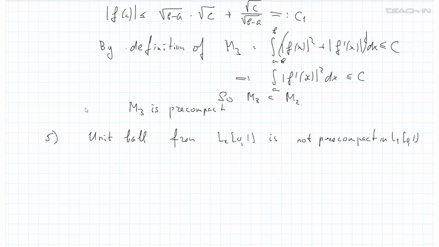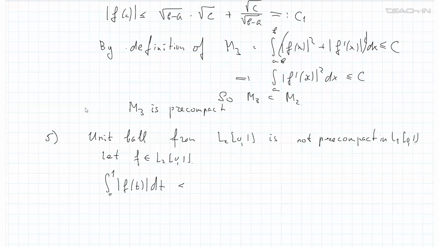Do I need to show that L2 is embedded in L1? Or is it clear? Not very clear. We can show it. Okay, let f be from L2, and let's check its norm in L1.